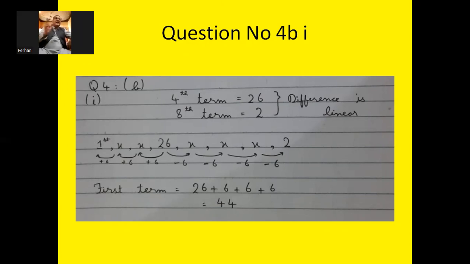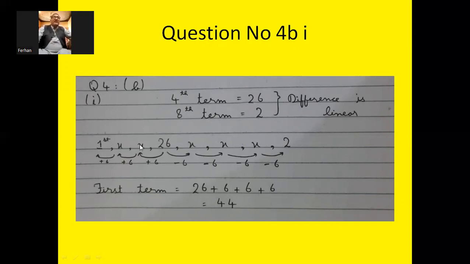So it means that the certain number which is added or subtracted is 6. 6 is subtracted. So from 26, which is the fourth term, if you want to go to the first term, add 6, and add 6. Do the opposite of this.